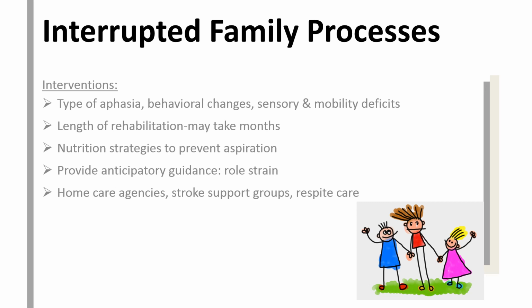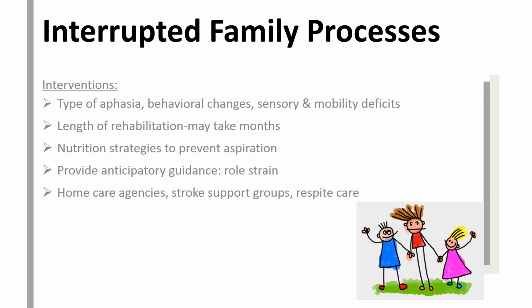Length of rehabilitation may take months. Nutrition strategies they need to prevent aspiration. We want to provide anticipatory guidance for caregiver role strain. And remember, depression in both the client and caregiver is prominent following a stroke. We need to make home care agencies, stroke support groups, and respite care available to family members.